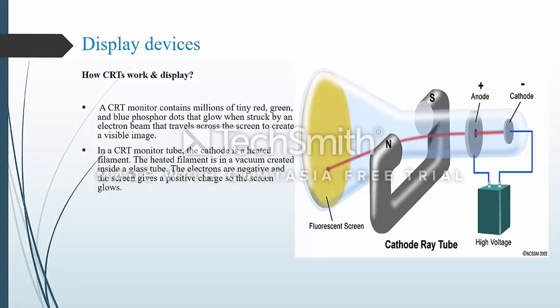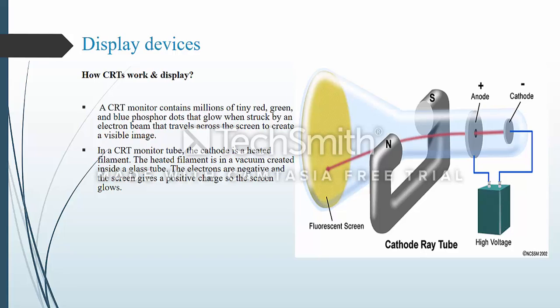How does a CRT work and what does it display? Basically, a CRT consists of four major components: an electron gun, focusing and accelerating anodes, horizontal and vertical deflection plates, and an evacuated glass envelope. The function of an electron gun is to produce a beam of electrons.